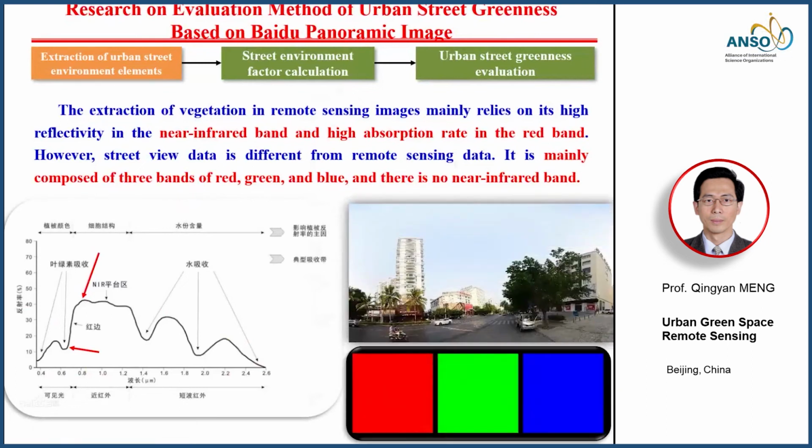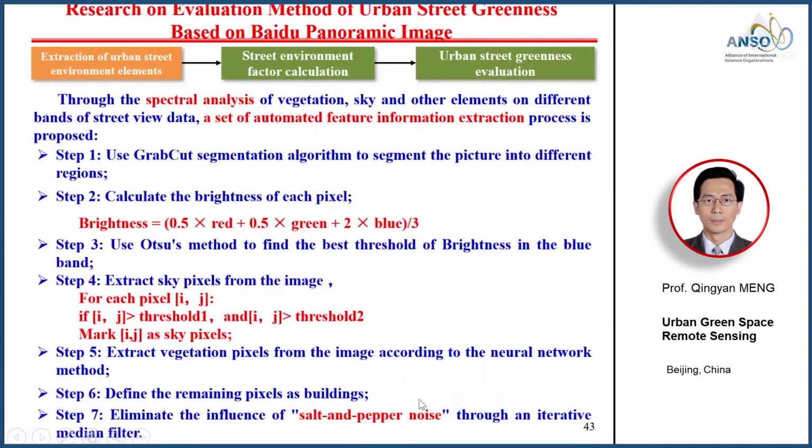It is mainly composed of the three bands of red, green, and blue, and there is no near infrared band. So through spectral analysis of the vegetation, the sky, and the other elements on the different bands of the street view data, a set of automatic feature information extraction processes is proposed.